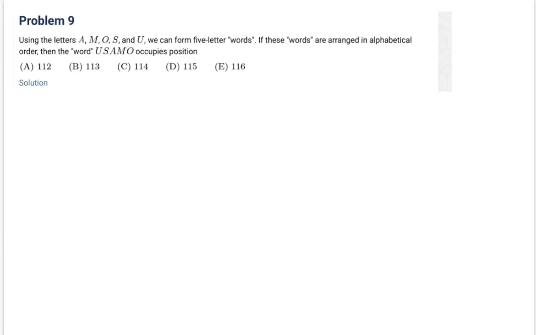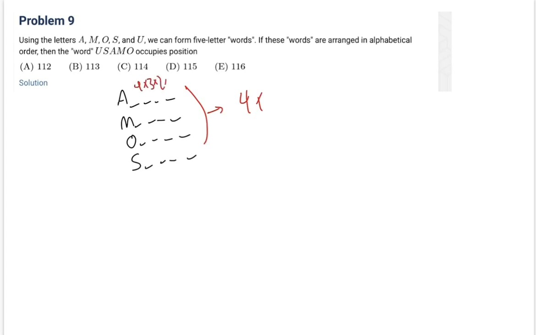So we must have gone through A and 4 things, M and 4 things, O and 4 things, and S and 4 things before we've got to U. And so how many ways for this are there? So there are 4, so it's 4 multiplied by, and then of the remaining things 4 times 3 times 2 times 1, so it's 4 factorial, which is 24.